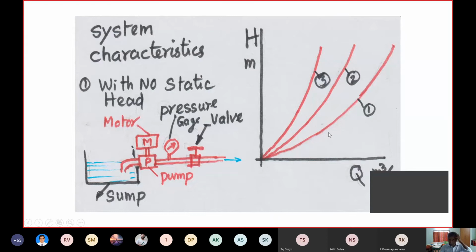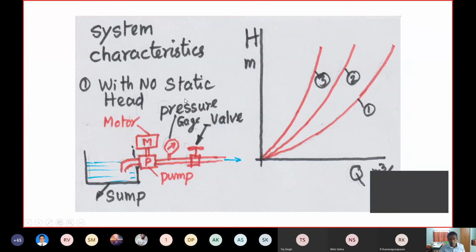That is the first valve position. Now corresponding to another valve position 2, you get another curve. A little consideration will tell you that for position 2, you would have closed the valve a little more. Then for the third position, the valve is a little more closed. So you have 3 system characteristics.